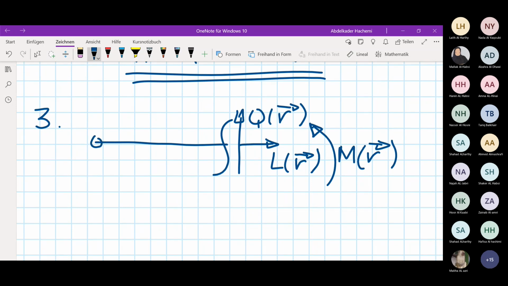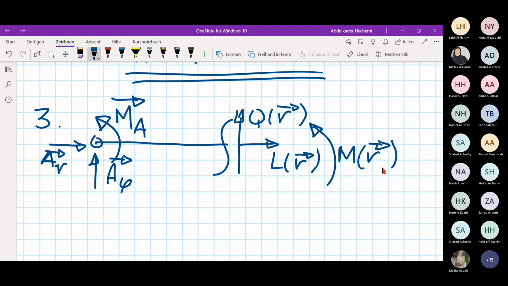Now, we have our point A, that means we have here A phi, what we determined previously, okay. We have AR, and additionally we have MA. This is the torque. That means we only have to make the equilibrium.